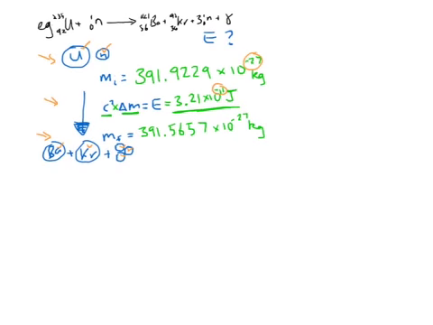Let's look at the amount of energy in 1 gram if you lose 1 gram. You would need quite a significant amount, because remember the mass deficit from these two was 0.3572 times 10 to the minus 27 kilograms.